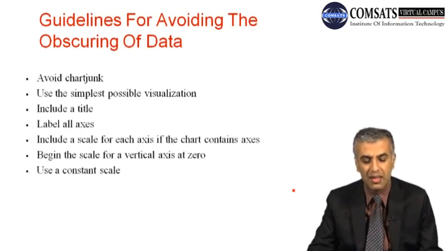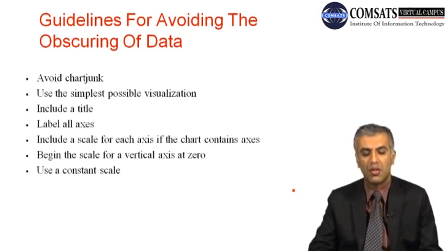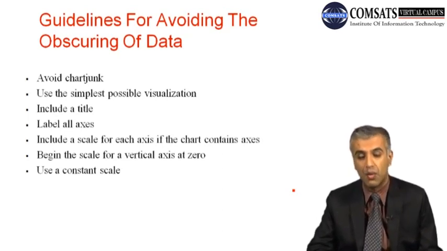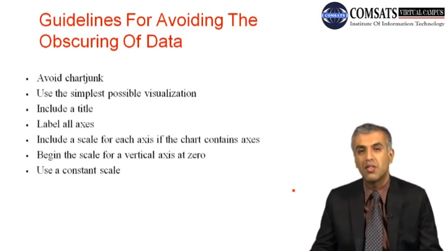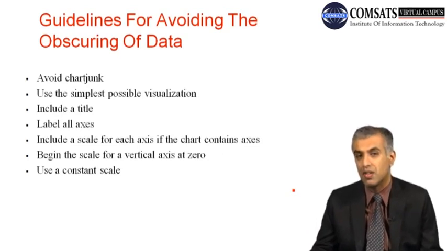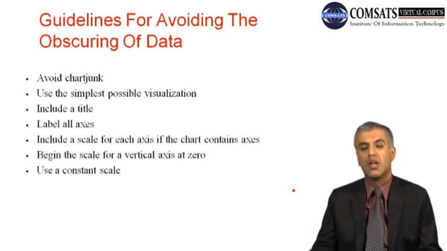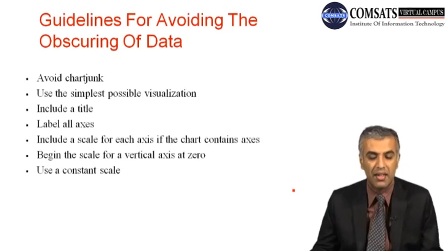Likewise, we discussed labeling all the axes, using a constant scale, mentioning the scale for each axis, and starting the scale from 0. So these are the general guidelines, and we also discussed their implications and how they can affect us.